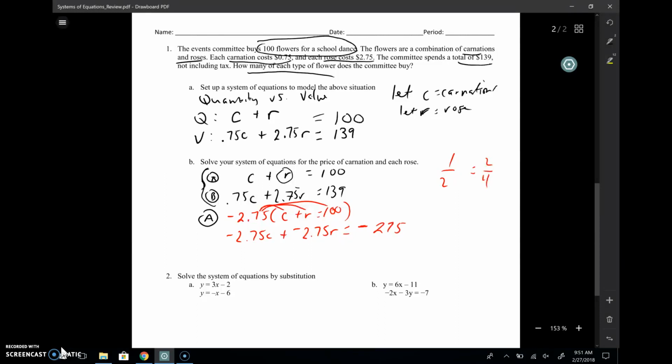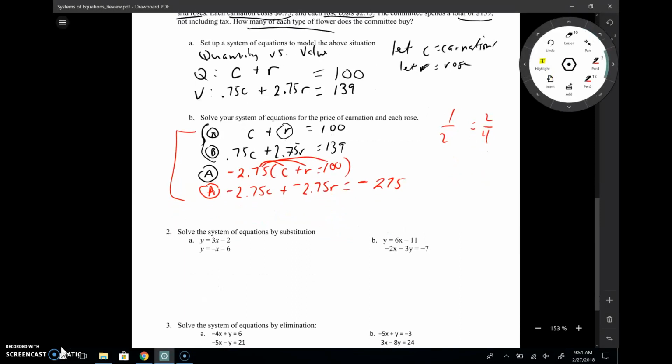Again, I'm just multiplying by 100. You move the decimal twice to the right. So if I, right now, in my new equation A, here in red, divide everything by negative 2.75, I get the original equation A. These two are still equivalent.